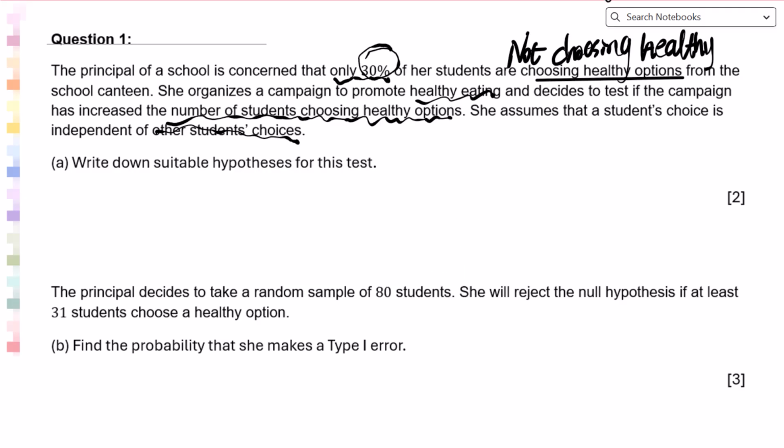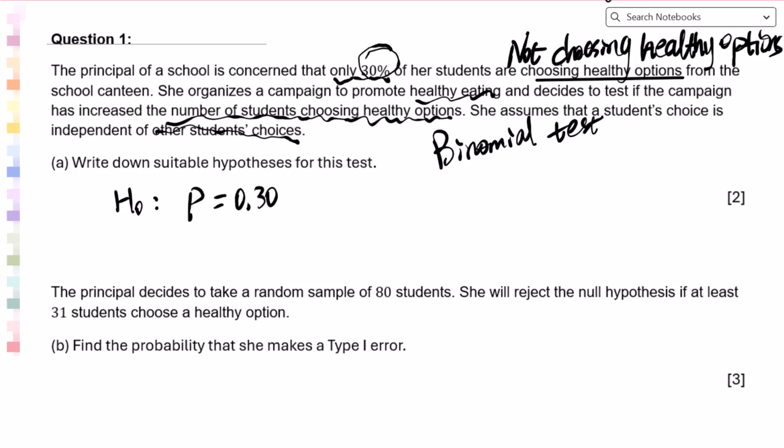There are two outcomes for the students. One is choosing healthy options. The other is not choosing healthy options. So we could say this is a binomial test. H0: p equals 0.30.